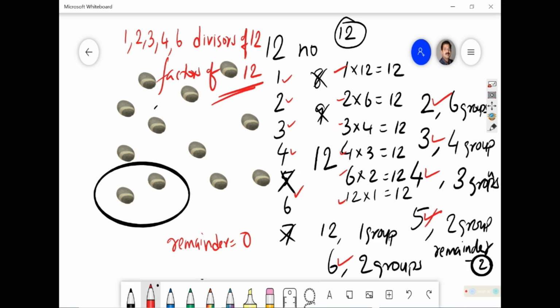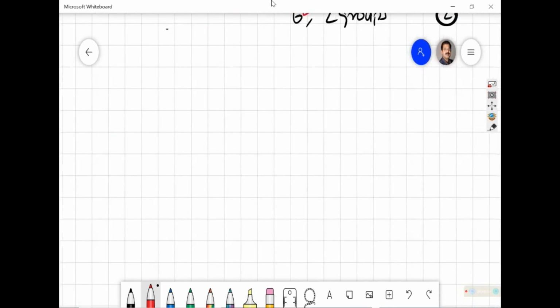To show you this, I brought all these pebbles from the seashore. Understood? So the conclusion is that we can have numbers and their factors in this way.